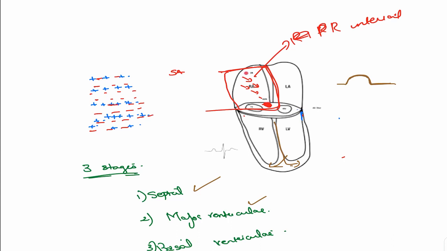Atrial depolarization plus AV nodal depolarization. That is the time taken for the impulse to travel from the SA node here till the ventricle. That is the PR interval.